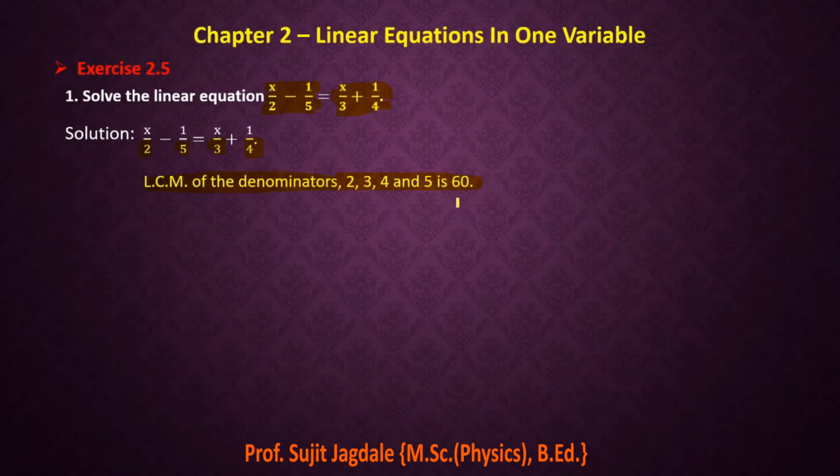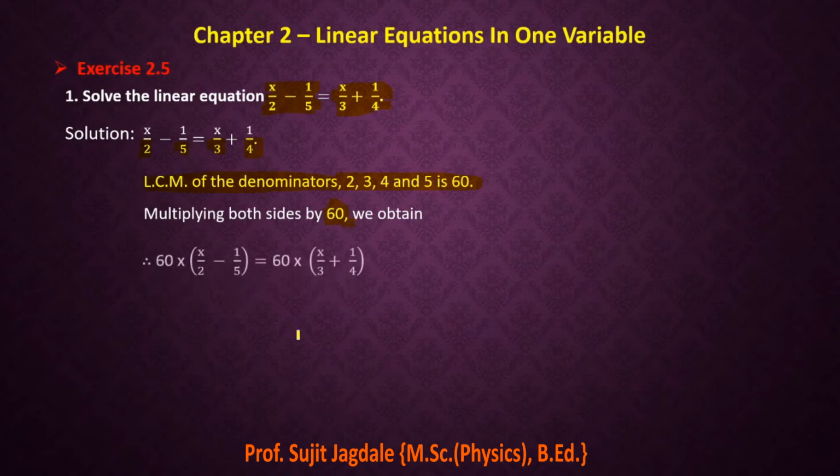Now, first you have to calculate the LCM, and with the help of that LCM you have to multiply both sides by the least common multiple, which is 60. After that we get the steps like this: 60 into x upon 2 minus 1 upon 5 equals 60 into x upon 3 plus 1 upon 4.